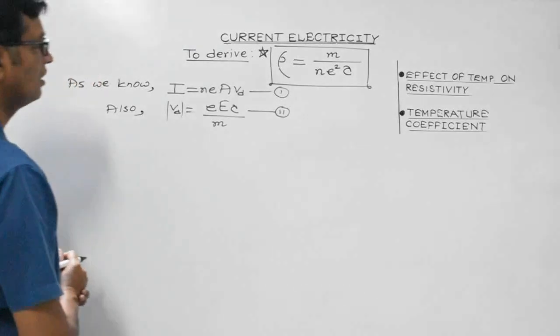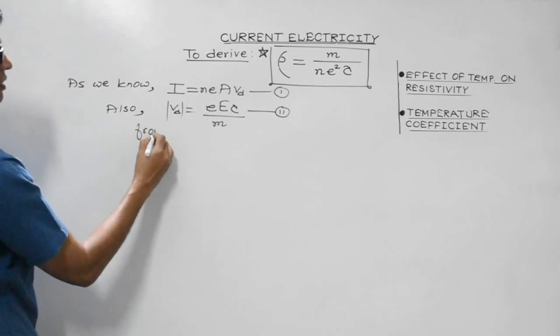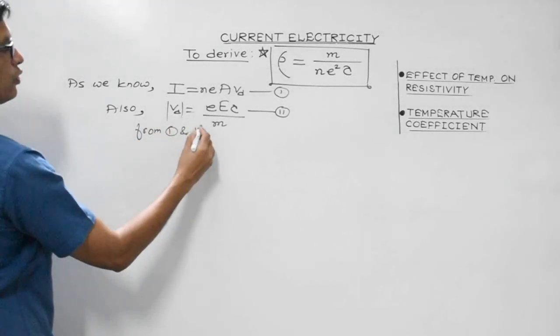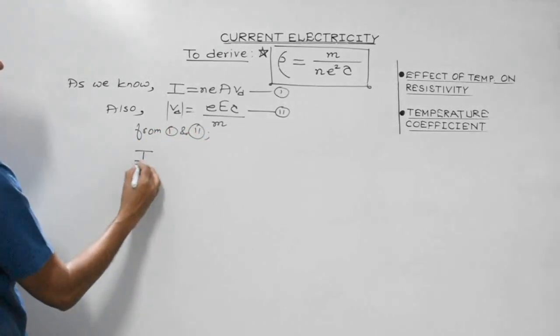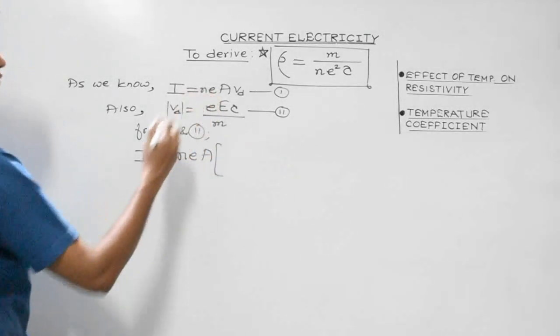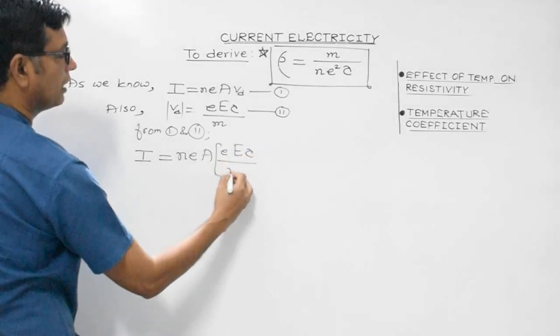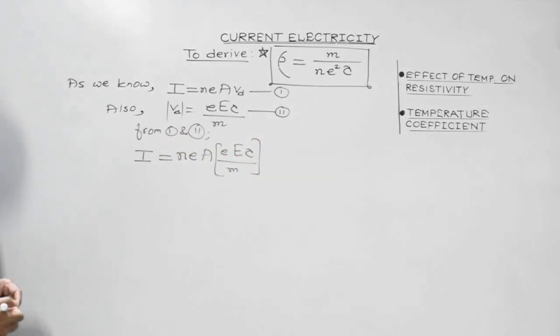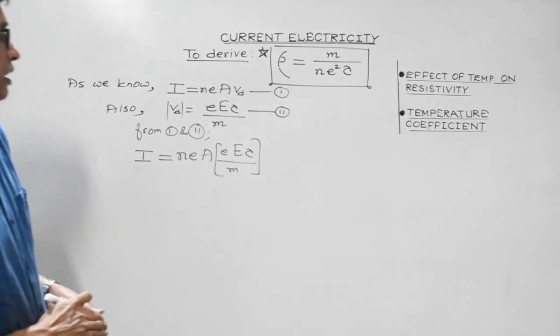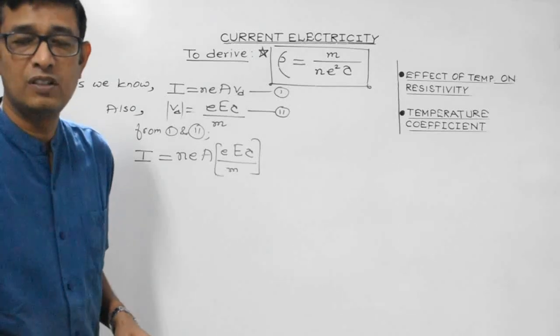So now, let's make use of these two relations. From 1 and 2, we get I is equal to n e A, and in place of vd we can write E tau by m. Right? Okay. Now, let's make use of another very important relationship.